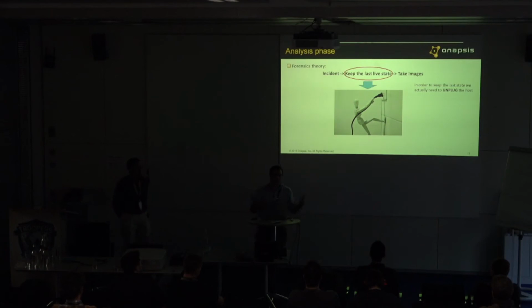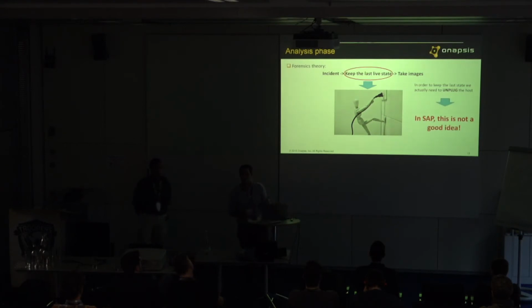That's very straightforward and easy to do, right? But with SAP systems, we are not in the same situation, right? You cannot just go there and unplug the system, get the images, get the information, and start analyzing, because you definitely need to have the systems up and running. And that's really a challenge in terms of identifying what happened, because you get new information all the time.